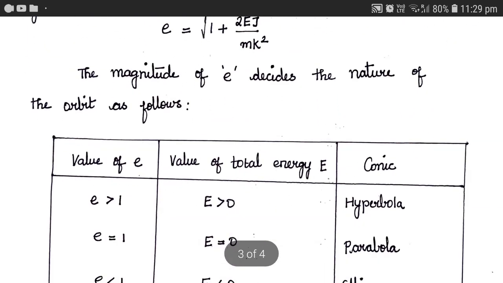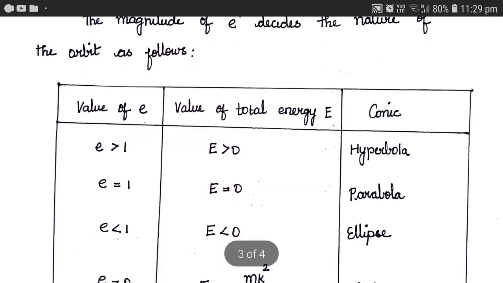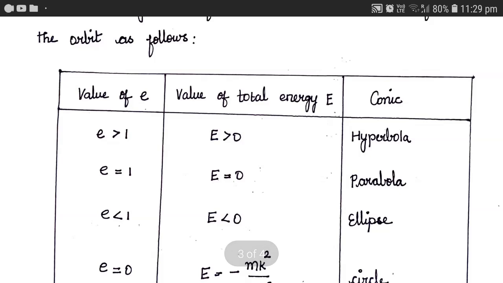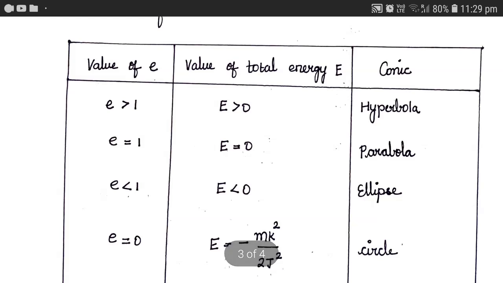See, if the eccentricity is greater than 1 and the total energy E is greater than 0, the conic section obtained will be a hyperbola. Generally, we can carve out 4 different shapes from a conic section. One is a circle, the second one is an ellipse, the third one is the parabola, and the fourth one is the hyperbola. All these 4 shapes depend on the values of eccentricity.